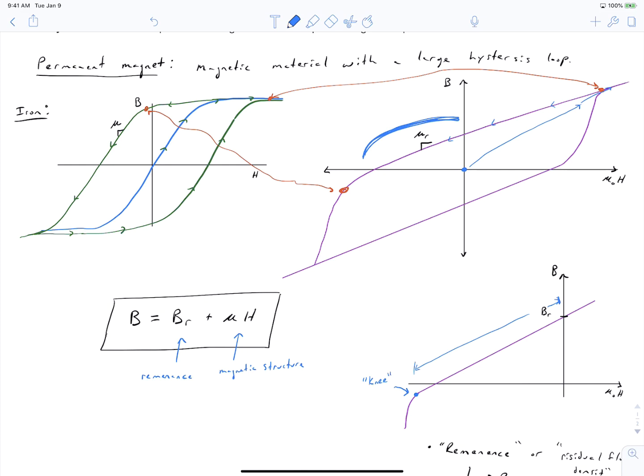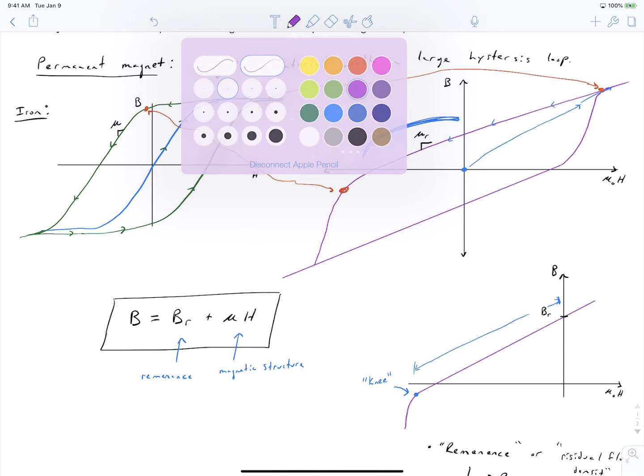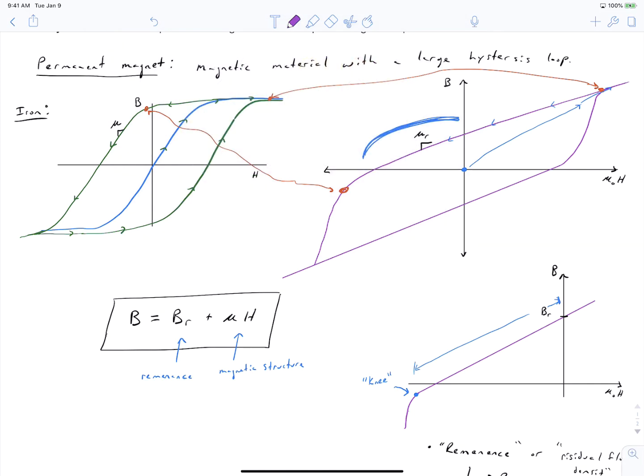And if you push your magnetic field below that knee, if you somehow end up down here, or down here, or down here, when you remove your H field, it's called recoil. Your BH curve will take a new trajectory back up here, and you can see that now you have a new y-intercept, and that means that your magnetization state has changed. You've actually altered Br at that point.